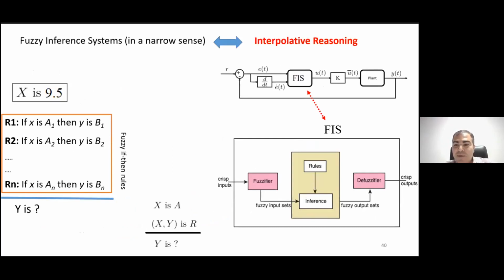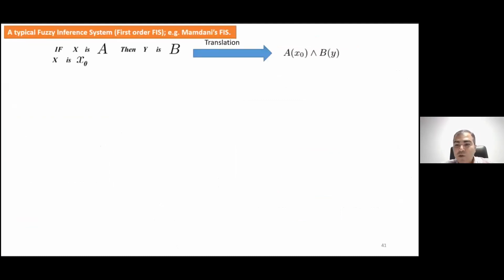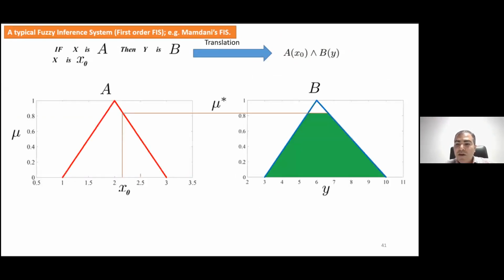In such a fuzzy inference system, the relation between the variables is presented in the form of fuzzy if-then rules, and a fuzzy if-then rule is translated by the Cartesian product of fuzzy sets A and B. And in the presence of a minor premise, here the input X is X0, the translation of the system is a joint constraint on X and Y in this form, in which if the base operator is considered as the minimum operator, then the fuzzy inference system is that of Mamdani's approach.